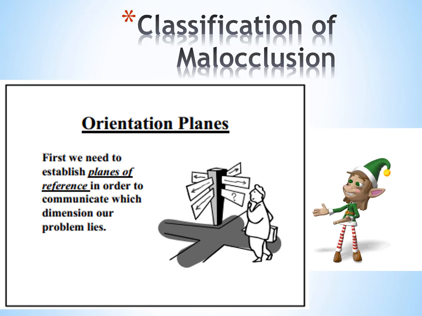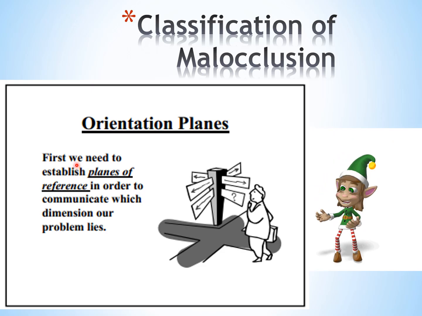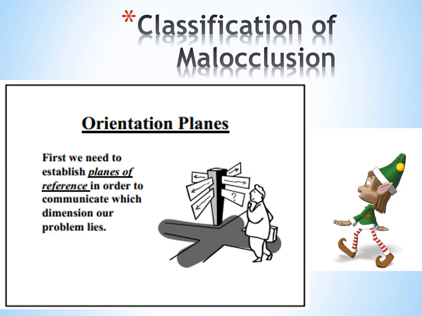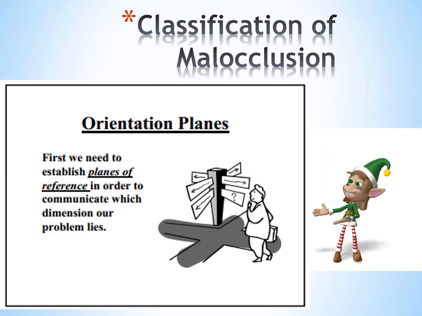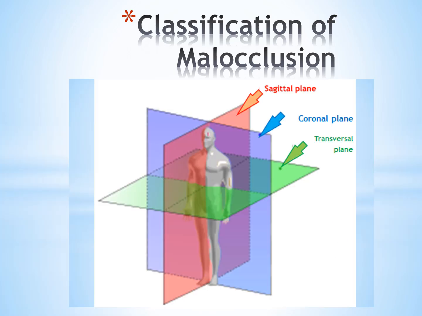And now let's mention orientation planes. First, we need to establish planes of reference in order to communicate in which dimension our problem lies. You know that in medicine there are three mutually perpendicular planes: sagittal plane, coronal plane, and transversal plane.